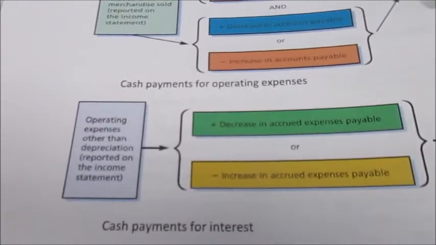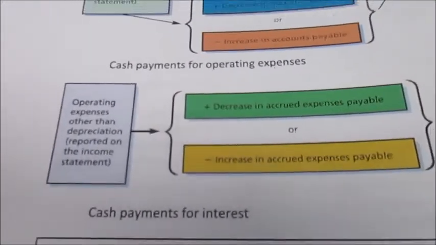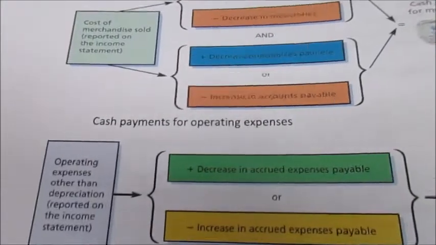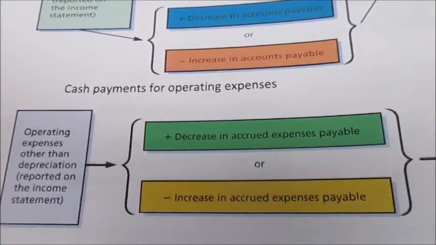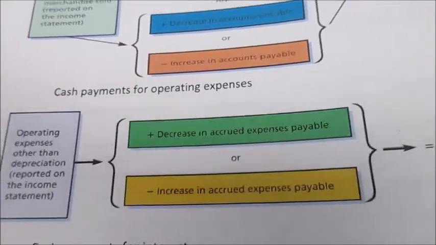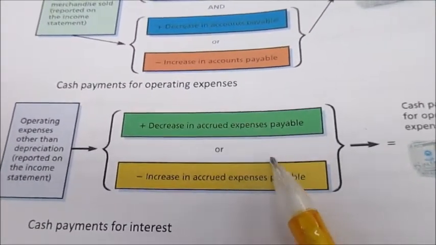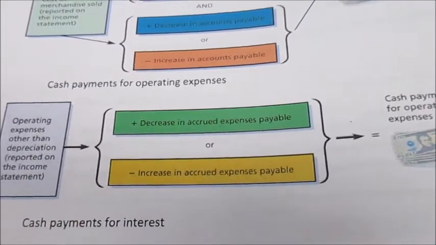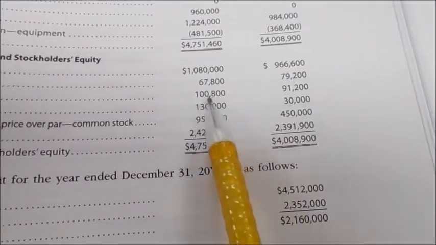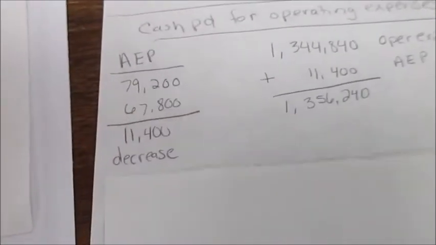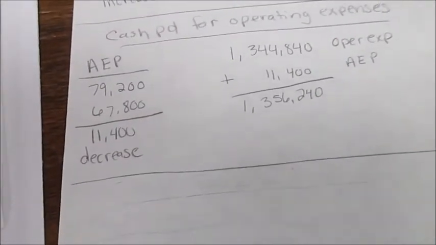Okay. The next one is cash payments for operating expenses. So we have operating expenses other than depreciation. And then we're looking at the decrease or the increase in accrued expenses payable. So if we look over here, we find our accrued expenses payable went from 79 to 67, so we had a decrease. Go to our scrap paper.